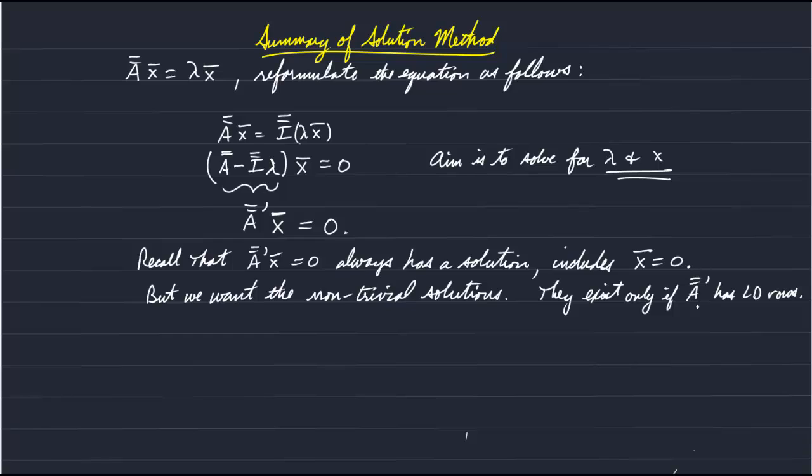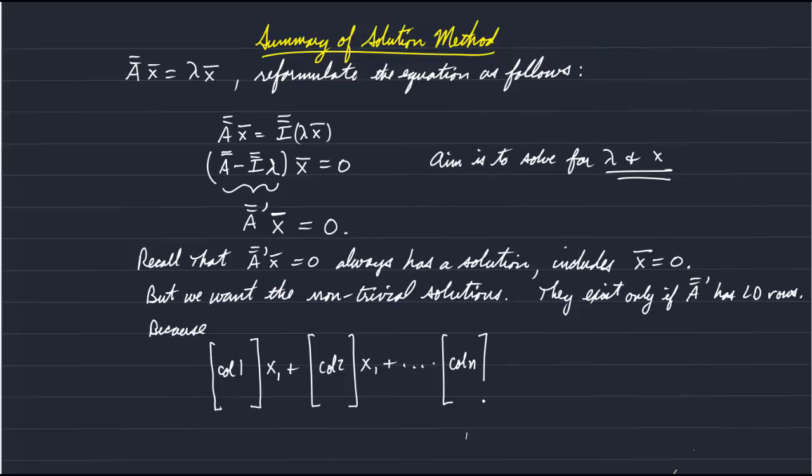Okay, and we've talked about this before, but let me remind you why. Because remember, A prime x can be represented as a linear combination of the columns of A, not rows, the columns of A. So column 1 times the first element of vector x plus column 2 times the second element of vector x, added progressively all the way out to column n times the nth element of vector x.